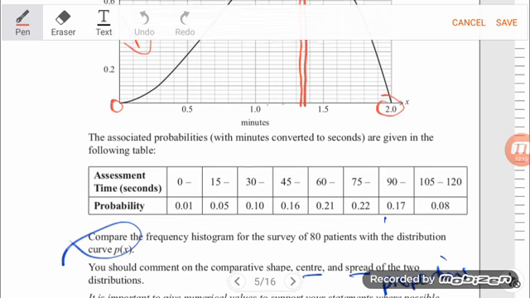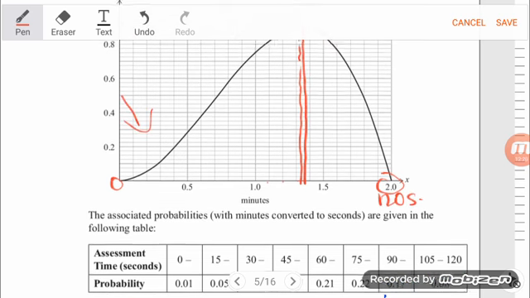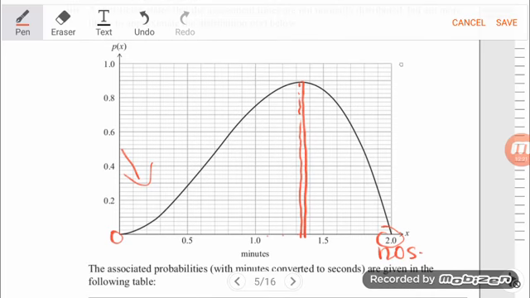If we convert 2 minutes, that's 120 seconds. 1.35 minutes, that's about a third. So that's about 20. So that's about 80 seconds as the center. I know, sorry, I went back to the center.